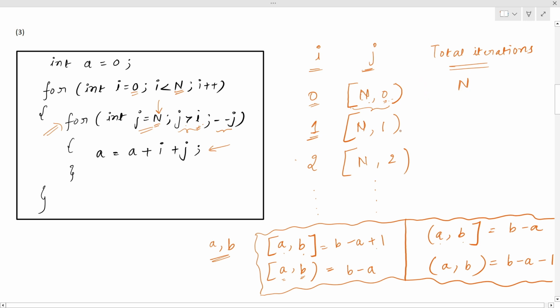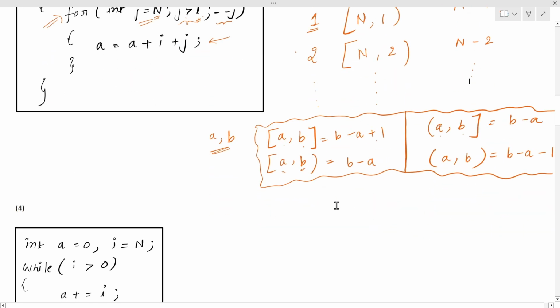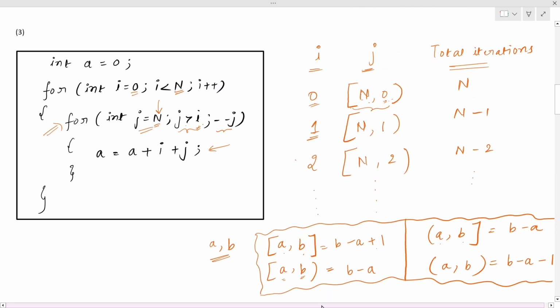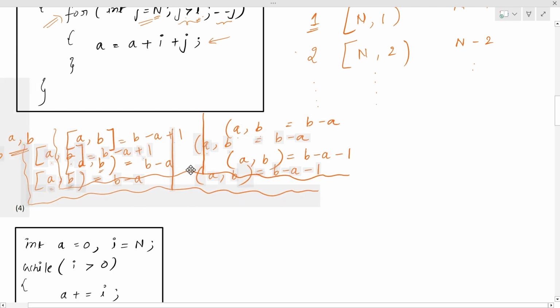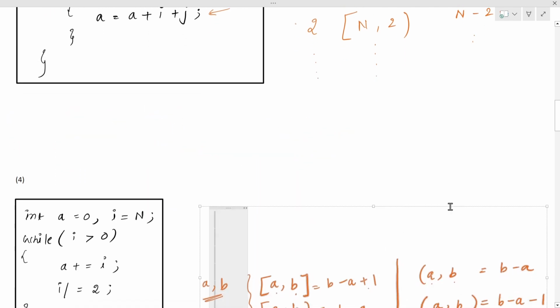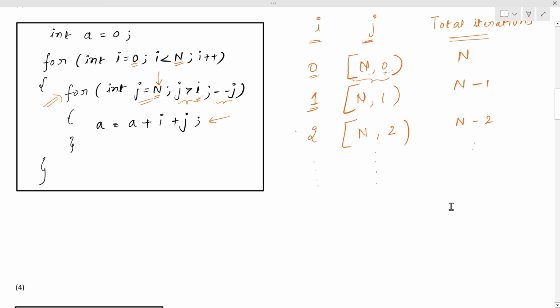Okay, and similarly for this one it will be n minus 1. For this one it will be n minus 2. So something like this it will go on, right? Let me try to move this to some side part. Else let me move it downwards. Yeah, you can see here.